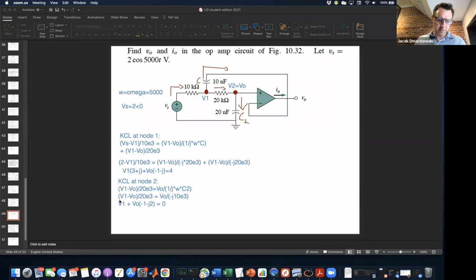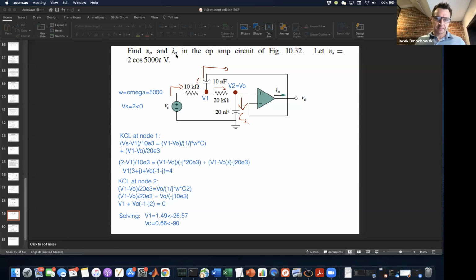And when you solve these equations, you get that V1 is equal to 1.49 angle negative 26.57, and V naught is equal to 2/3 angle negative 90. So now we have a solution for V naught, but we are also asked to find I naught.